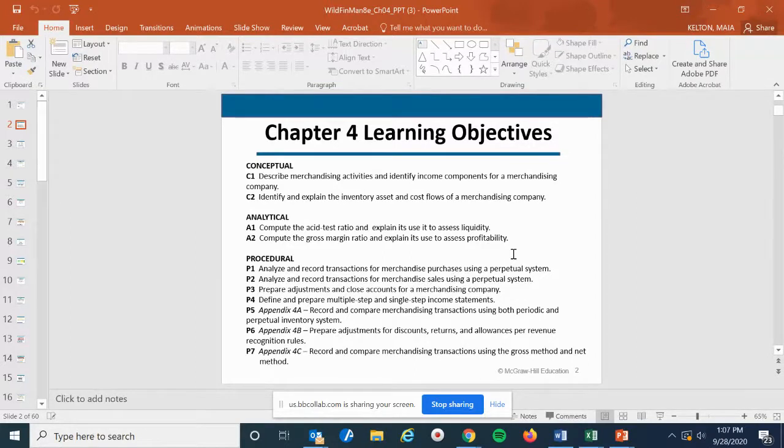We will learn for the first time what inventory systems are. So we'll talk about the perpetual inventory system as well as the periodic inventory system. And eventually, we will talk about a new way to prepare the income statement. And that new way is called the multiple step or the multi-step income statement.